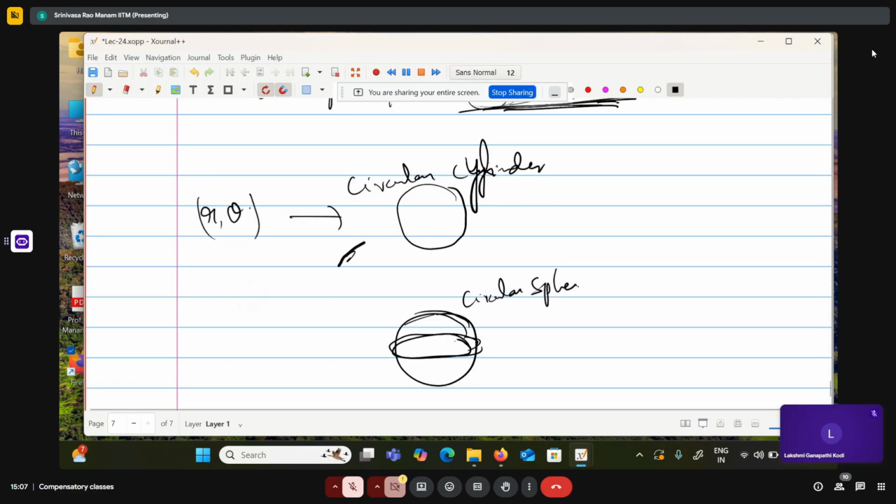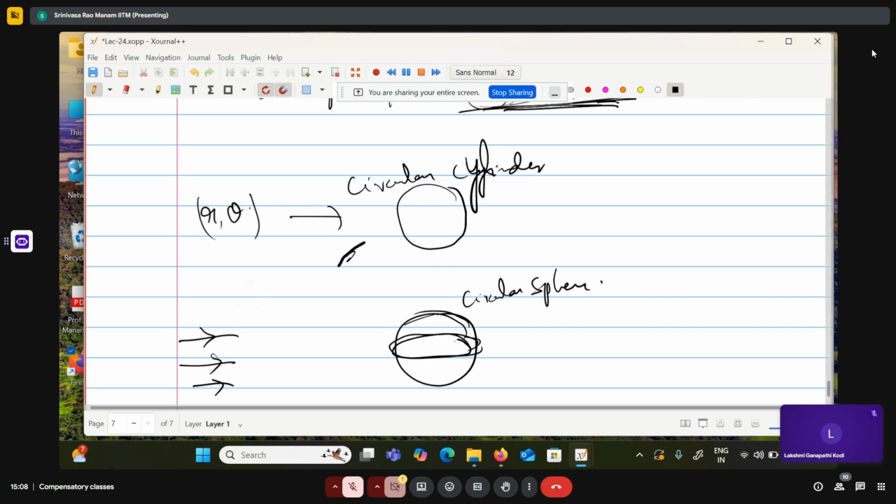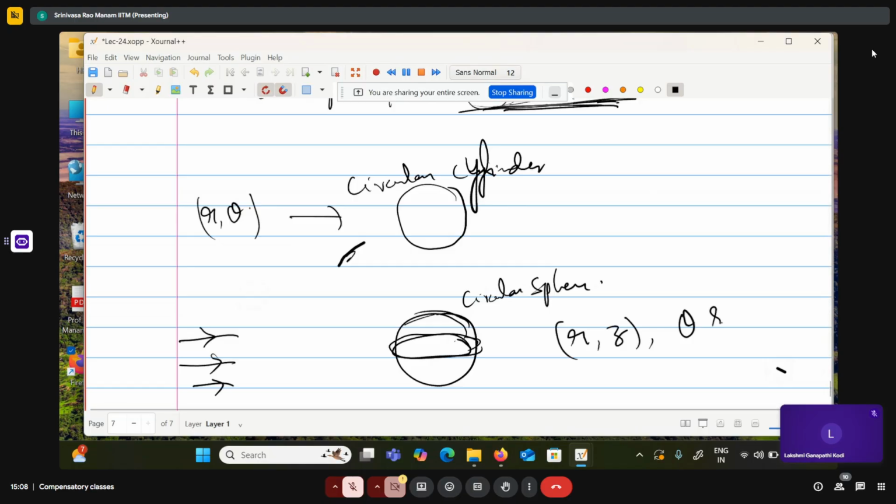What do you do? I could use spherical coordinates, or I can still use cylindrical coordinates r and z, and theta is removed.